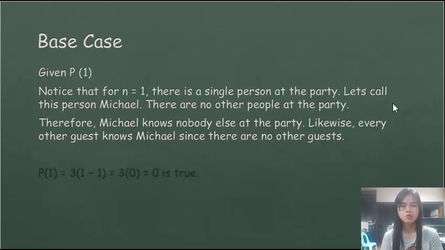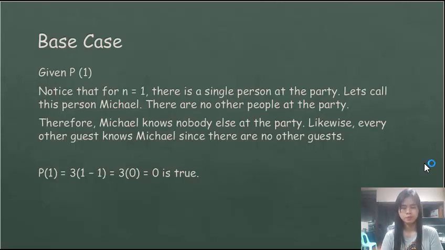Likewise, every other guest knows Michael, since there are no other guests. If we use the equation, 3 times 1 minus 1 equals 0. So there will be 0 questions since there's only one person at the party.